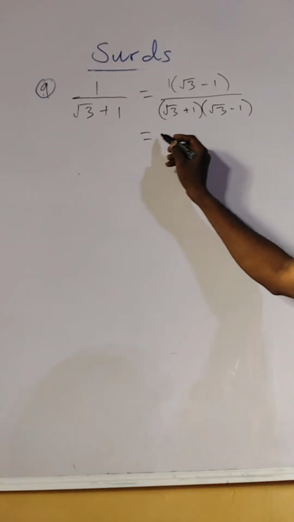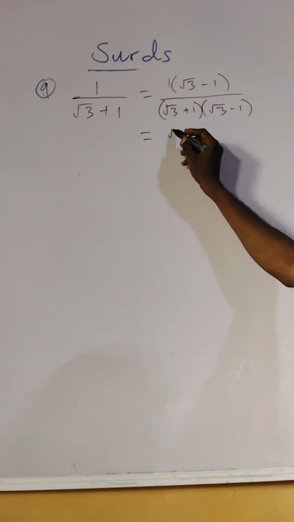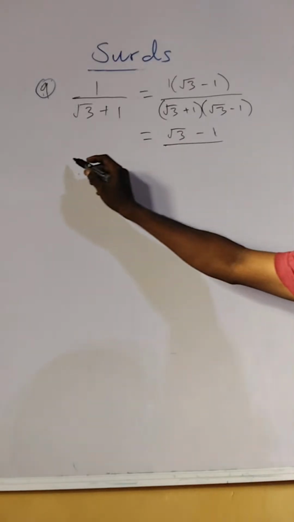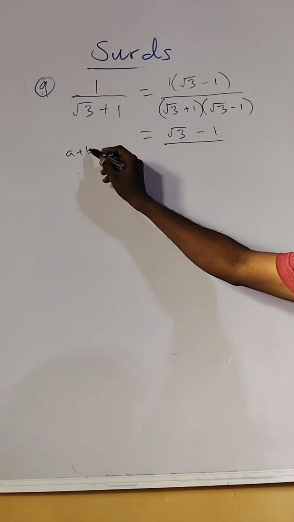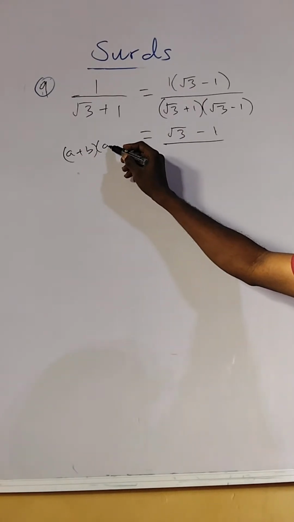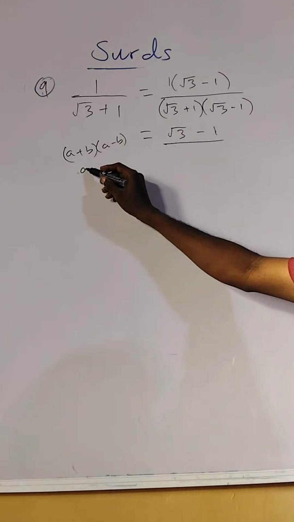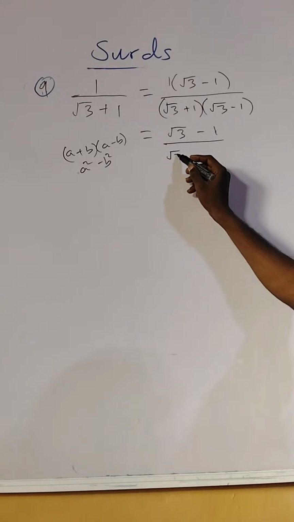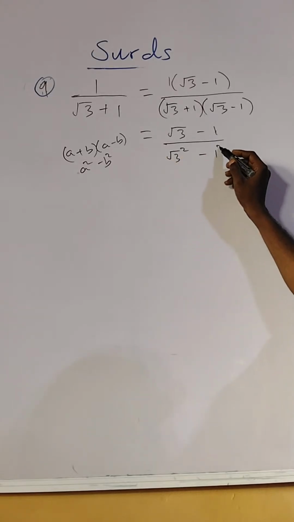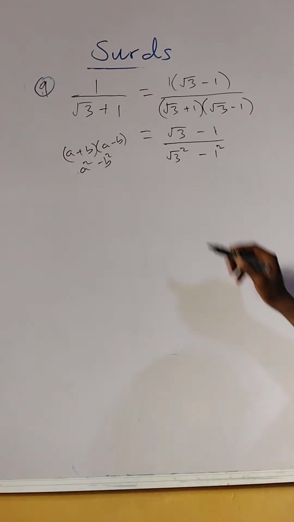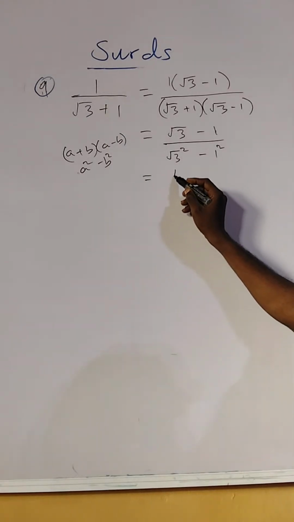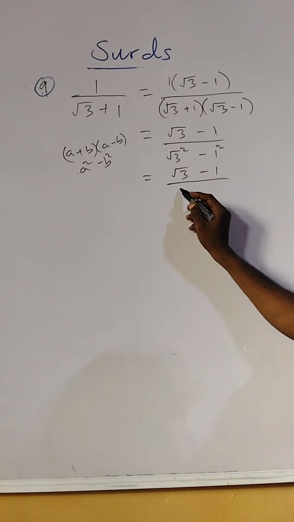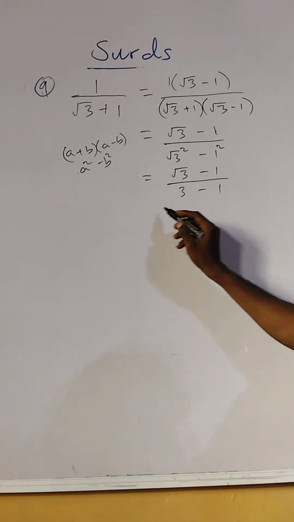That is 1 times this is still the same thing as root 3 minus 1 over, this is just when we have a plus b times a minus b, which is the same thing as a square minus b square. Here we have root 3 square minus 1 square. Then this becomes root 3 minus 1 over root 3 square, 3, minus 1 square, 1.